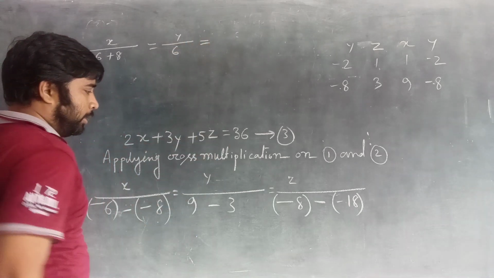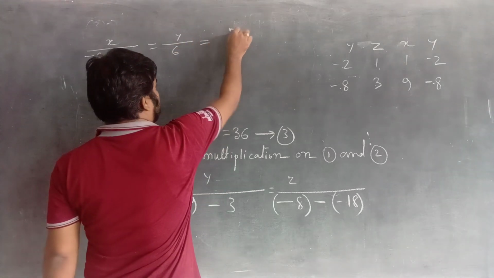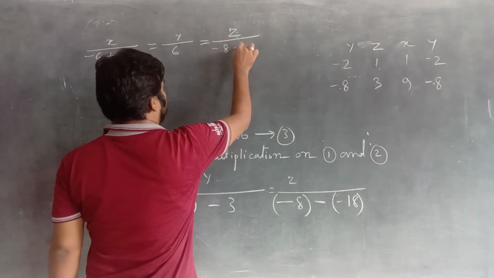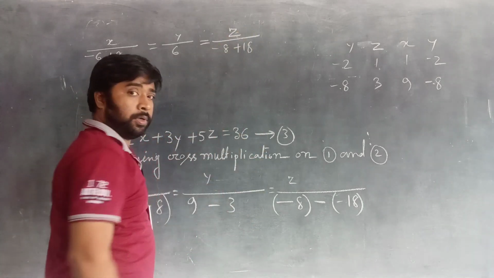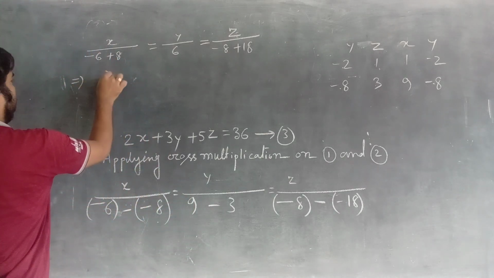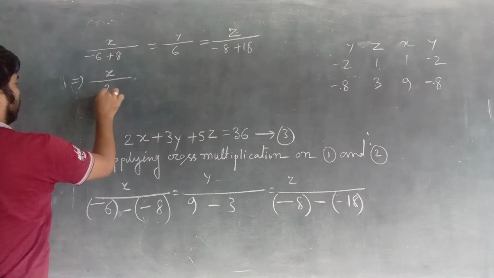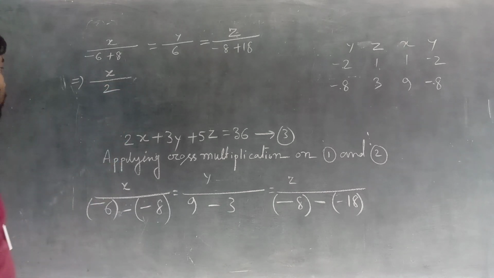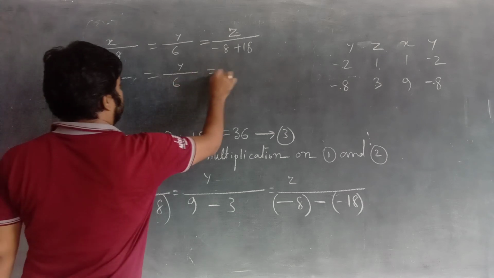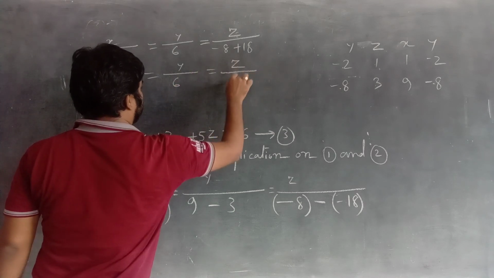Then it is z by minus 8 plus 8. So how much will it be? x by 2, then y by 6, then z by 10.